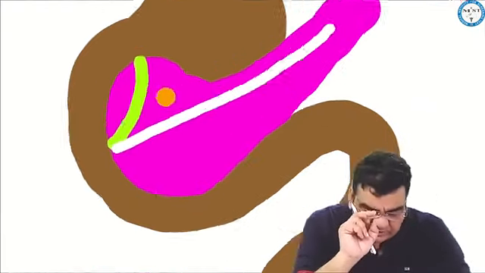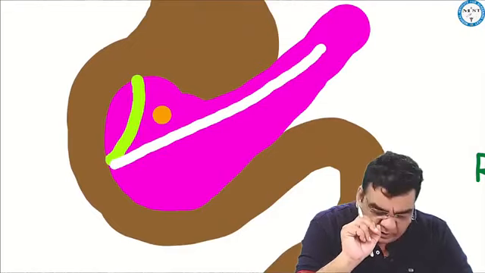Another type of cancer is periampullary cancer. Now beta, this area what you are seeing, this is the medial wall of second part of duodenum. This CBD and pancreatic duct are opening at the ampulla of Vater, which is guarded by a sphincter of Oddi. There may be malignancies arising near the ampulla.